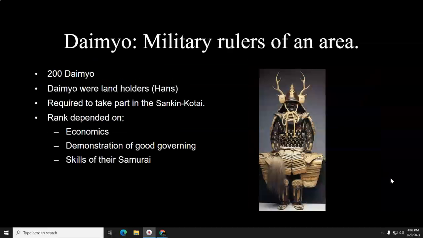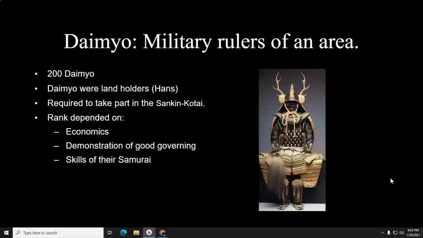The daimyo, and here you see the armor of a daimyo. They were military rulers of an area, and again, the number varied between 200 and 300. The areas were called han. They were required to take part in the sankin kotai, which we will talk about in a minute.